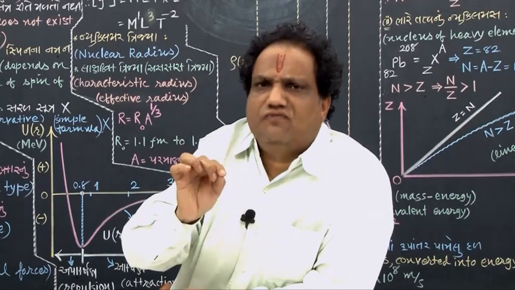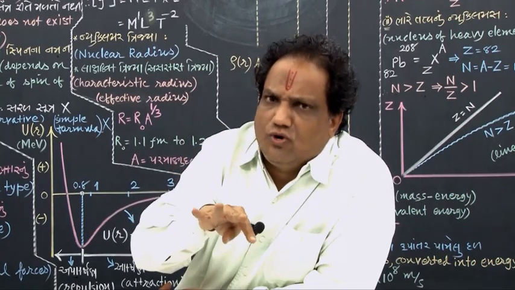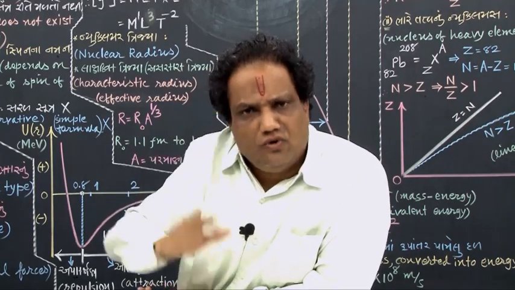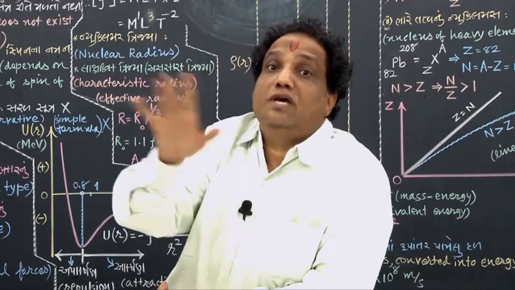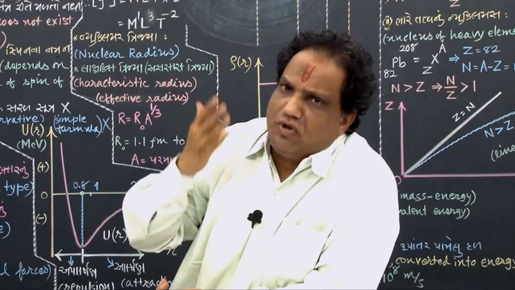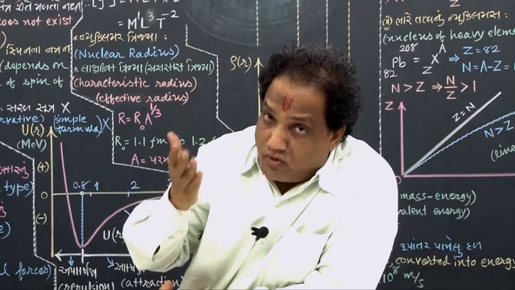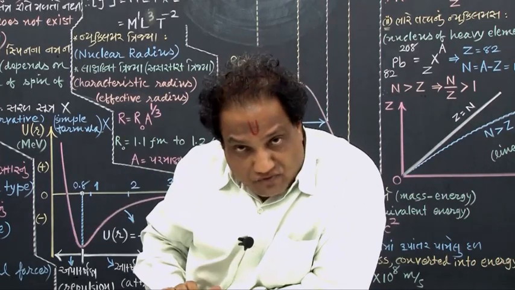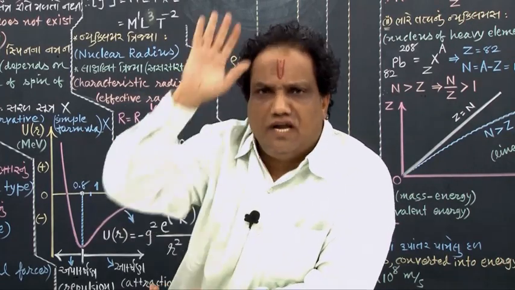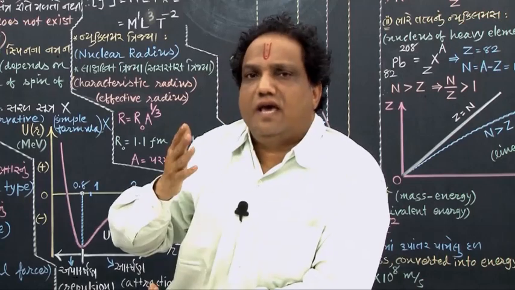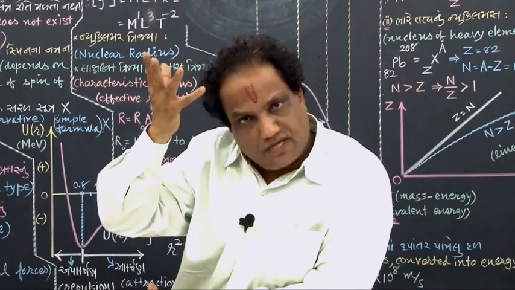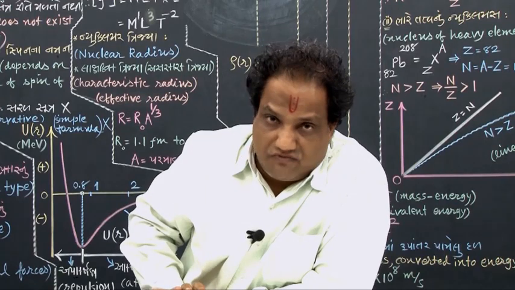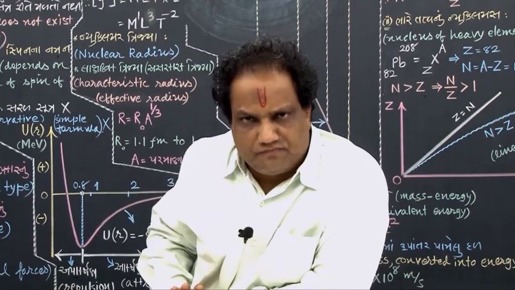Correct? Such forces prevailing between the nucleons existing only inside the nucleus are known as nuclear forces. And because they are stronger than electromagnetic, weak, and gravitational forces, we have given another name to these nuclear forces: strong forces. How would you define these nuclear forces? Very simple.